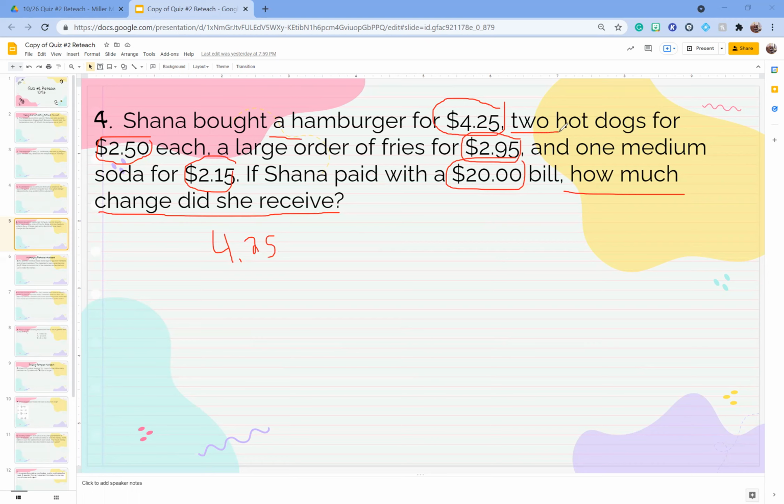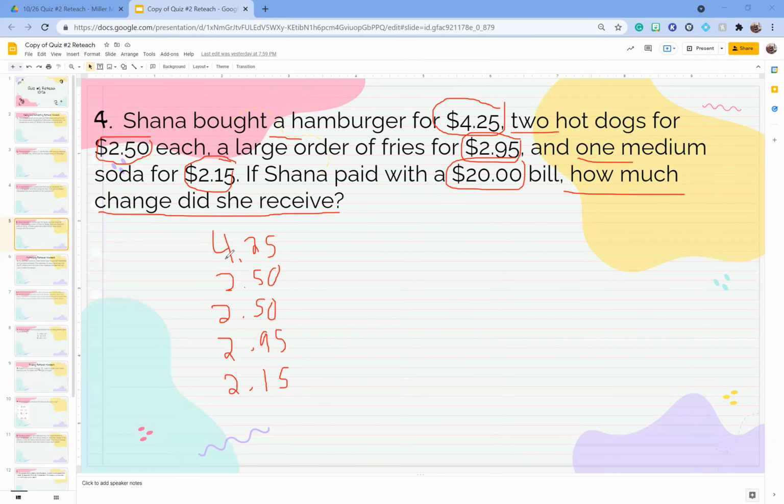She got 2 hot dogs for $2.50, so we have $2.50 and $2.50. A large order of fries, so 1 order. And 1 medium soda for $2.15.